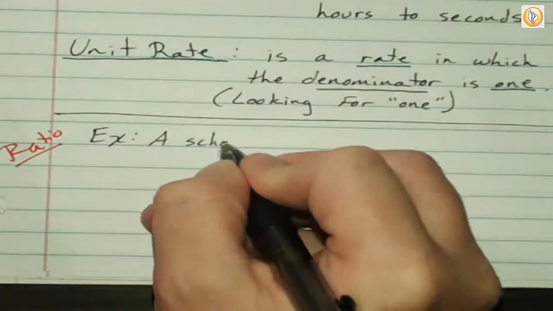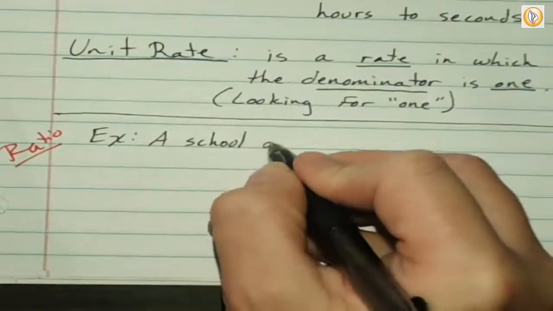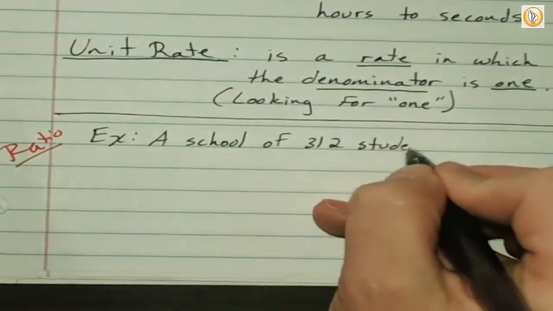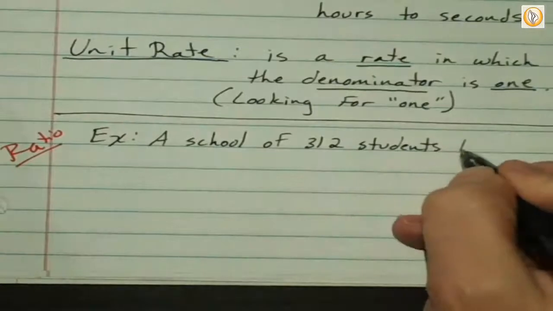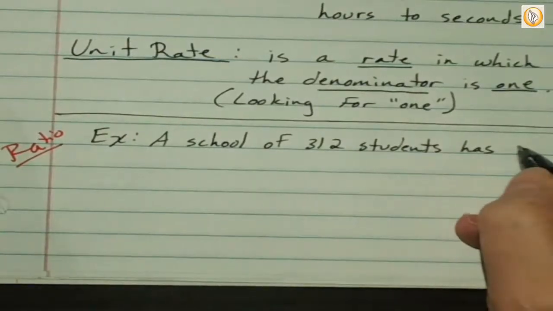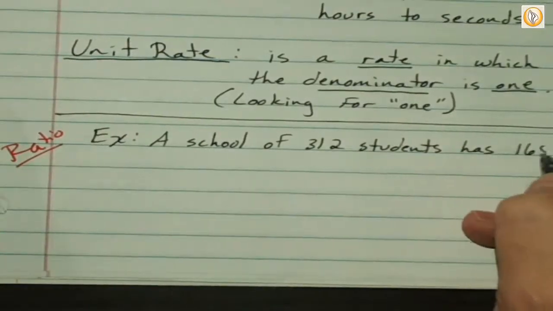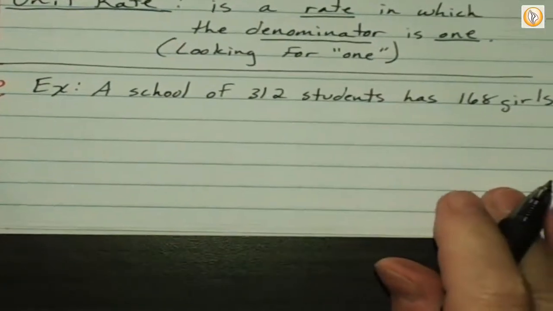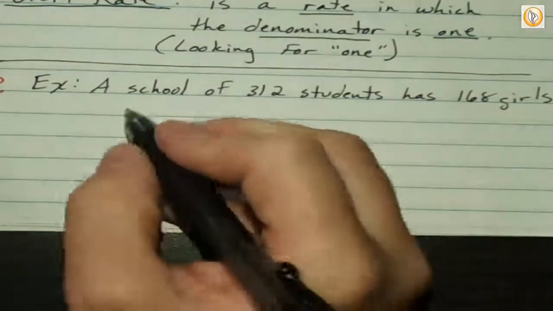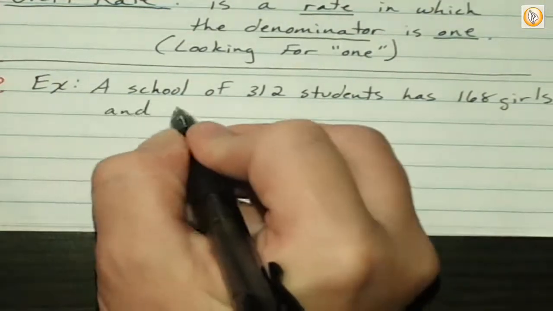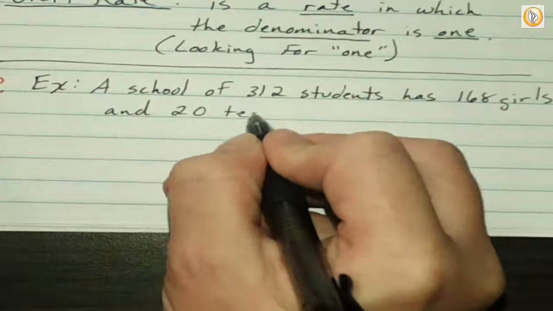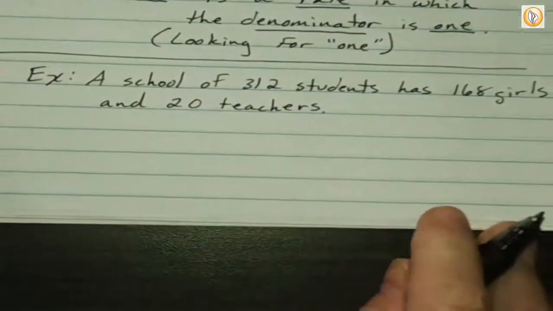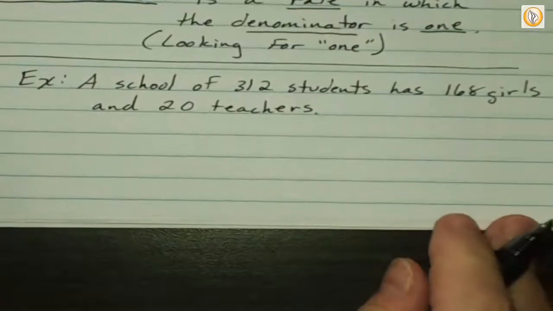A school of 312 students, and y'all did this last year, has 168 girls and 20 teachers. Apparently in this example, boys don't exist. But could you figure out how many boys? Yes.